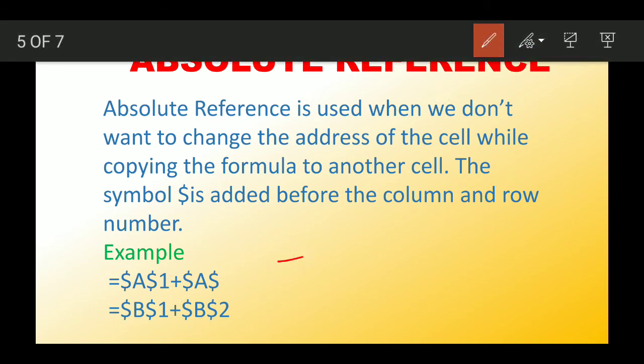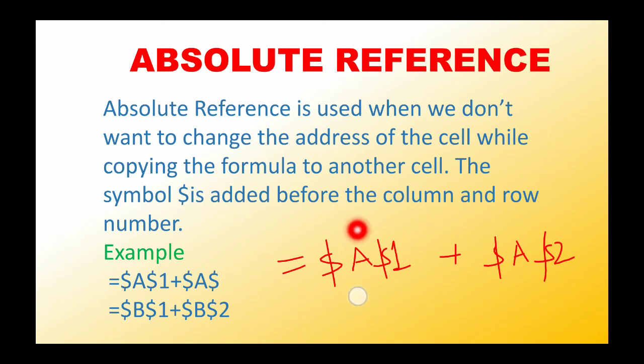If I write equal to A1 plus A2, and place a dollar symbol here and here, now this kind of cell referencing will be the absolute reference, as here we have fixed A1. Now A1 will not change, it will always remain A1, and A2 will always remain A2, as we have fixed these two values. Okay, so this is called absolute reference.